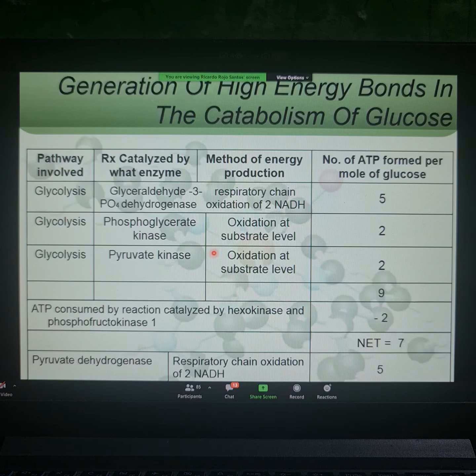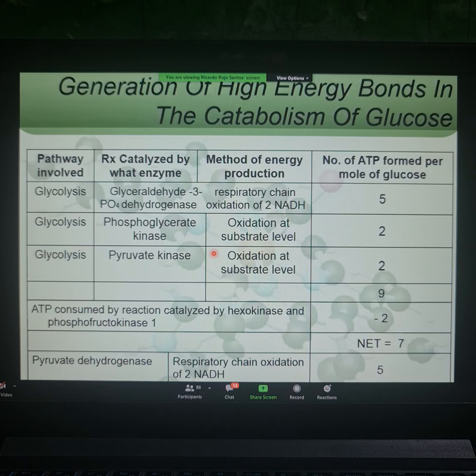But remember this, in the examination, I will make the questions from the pyruvate dehydrogenase reaction together with glycolysis.